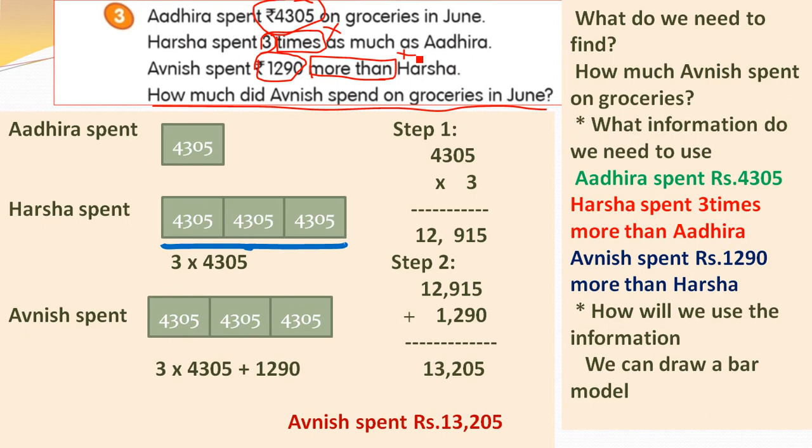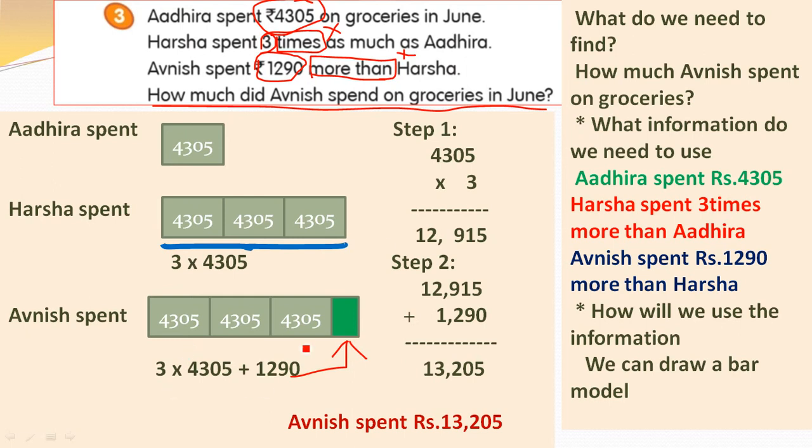And Avnish spent this much more than Harsha. So what is this? This is 1290. So what we are going to do, we are going to multiply 4305 by 3 and then we add it.